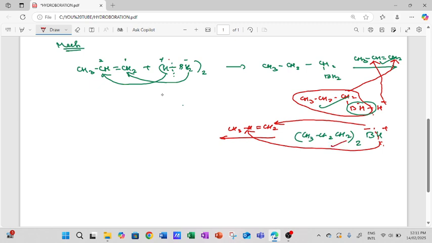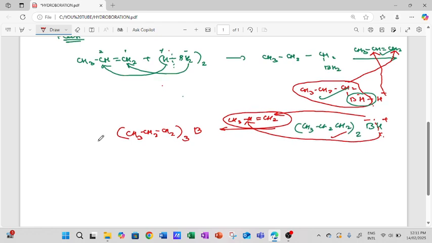So now we have CH3, CH2, CH2 thrice with the B. This is how the alkene is added.